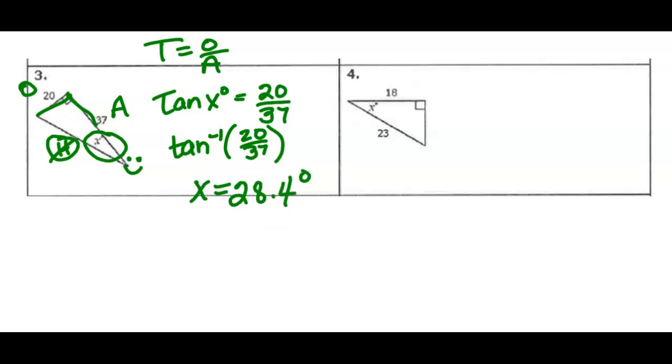Now, if we move over to number 4, start here. Now this time the legs are these two, and we know nothing about this leg, which would be opposite, but we know the leg next to us is adjacent. And then this is a hypotenuse because it's across from the 90. And A and H goes with cosine.